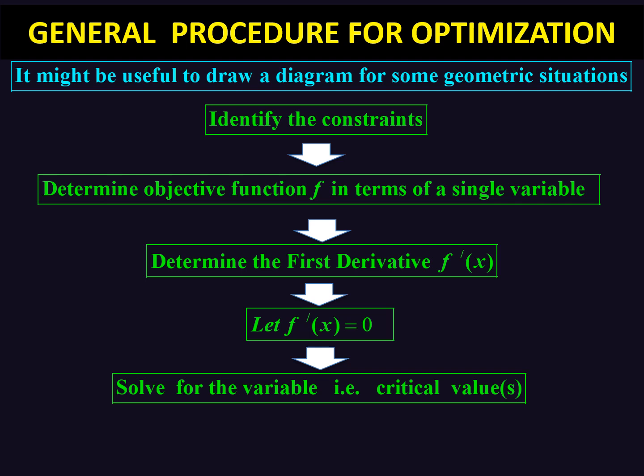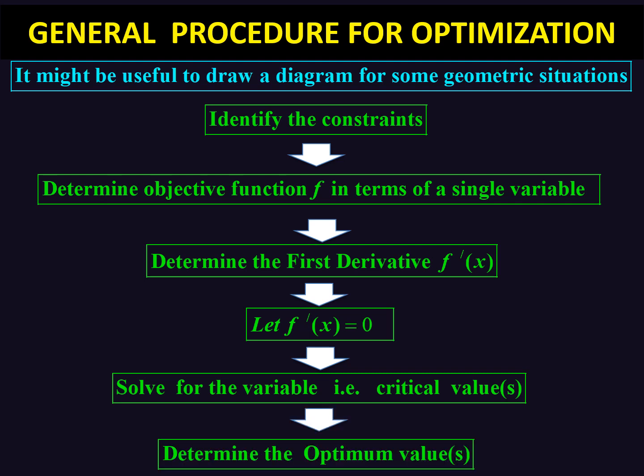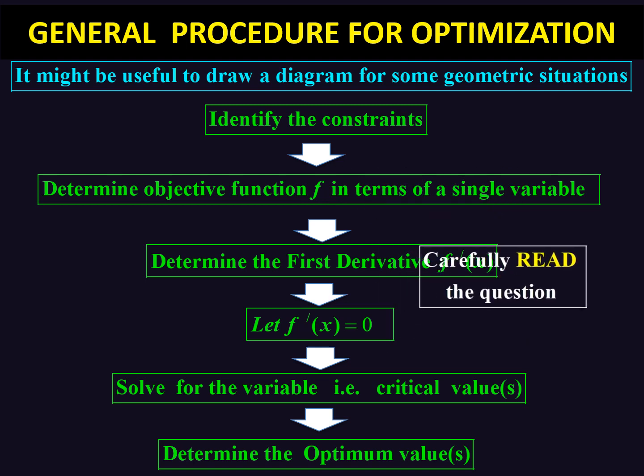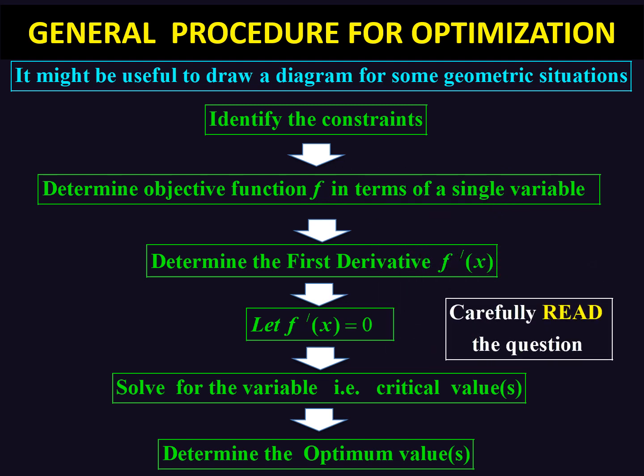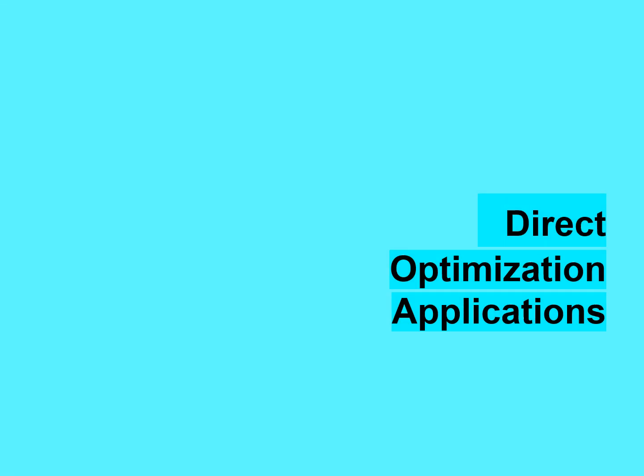And these critical values can then be used to determine the required optimum value or values. But it's important in any problem, always read your question carefully, right? Because that will determine what your final answer should be.